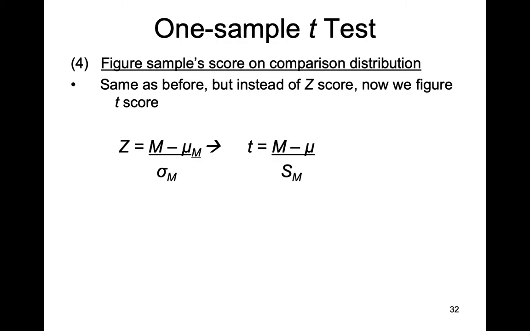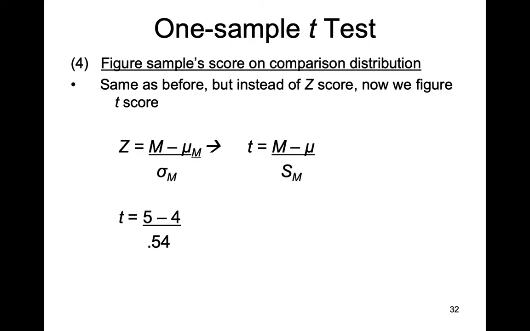And in essence, all we're doing is figuring out how much did our mean deviate from the expected mean under the null hypothesis in the metric of standard errors. How many standard errors away from the expected mean was our mean? And that's the exact same interpretation as a z-test as well. So it's very much the same.